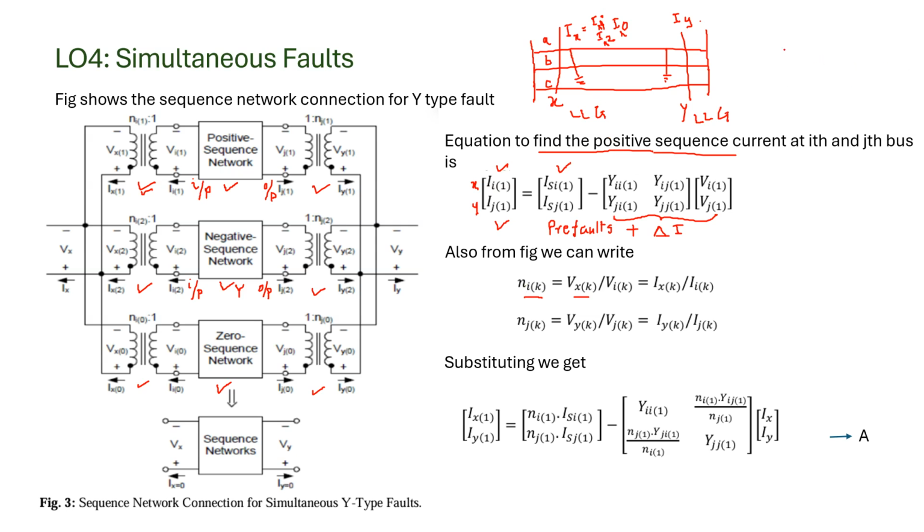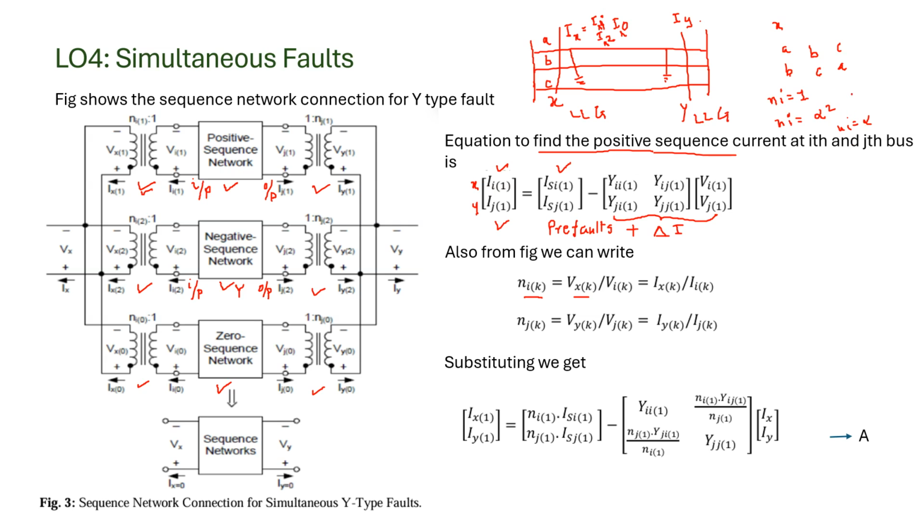Suppose the fault has taken place on A and B at X location, then your Ni will be 1, indicating that there is no need of any transformation. Suppose the fault has taken place on B and C, then your Ni value will be alpha square. If the fault has taken place on C and A, then your Ni value will be alpha.